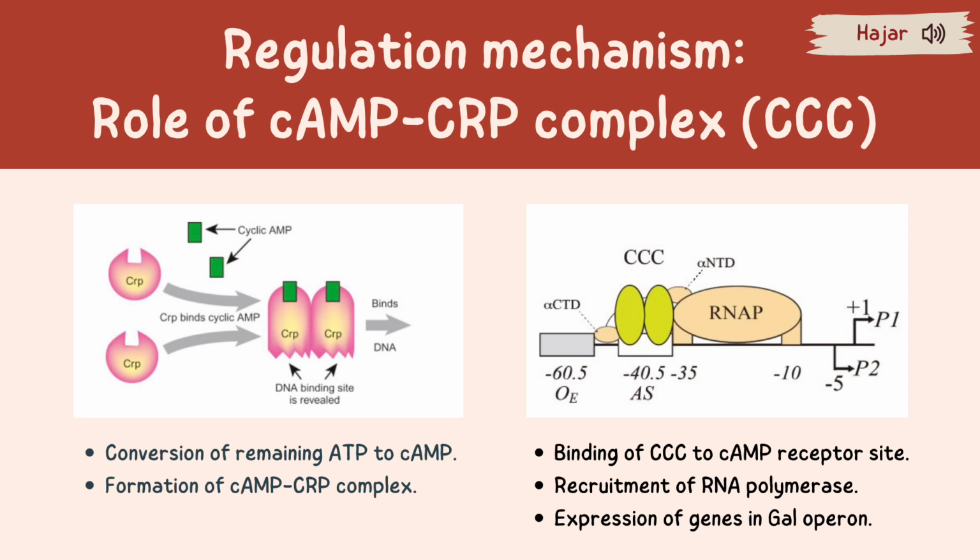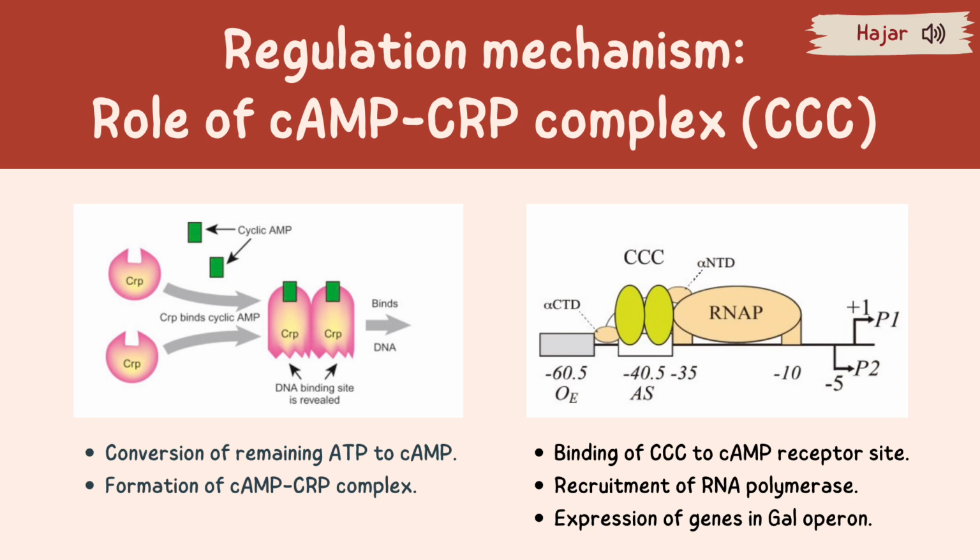This binding enhances the binding affinity of RNA polymerase to the promoter region. The CCC, along with RNA polymerase, forms a stable complex at the promoter. This interaction results in the recruitment and proper positioning of RNA polymerase, facilitating efficient transcription initiation and promoting higher levels of transcription from the gal operon from P2.